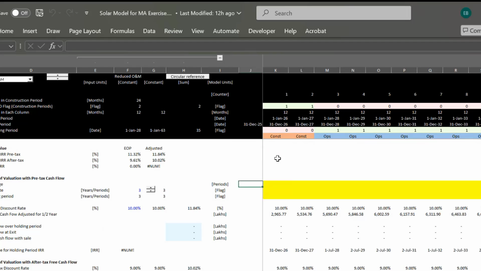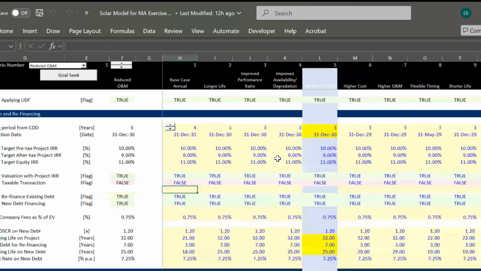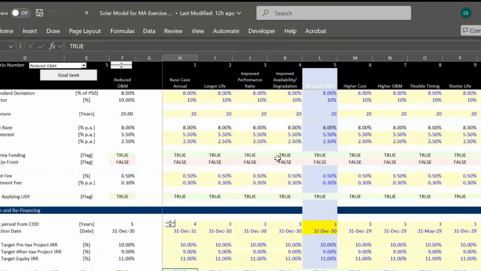We're going to have some flags where we need to make things flexible so you can value the asset based on different kinds of holding periods. Are we going to have a 4-year, a 5-year, a 2-year, a 1-year holding period?